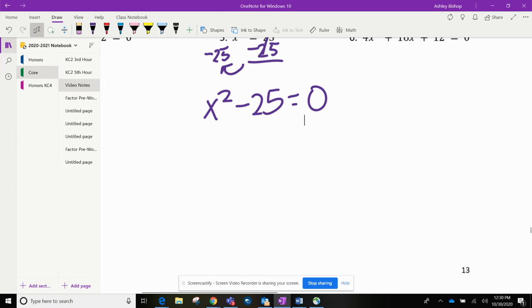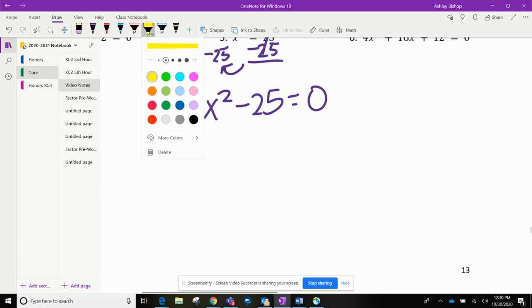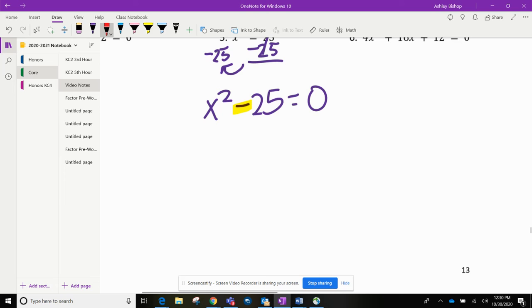Alrighty, now this is a different form of factoring that I also taught you about. I have two terms that are being subtracted. And so in your Target C notes from Target C day 3, you know how to handle this. Once you know that you have two terms, you can take the square root of both things. So the square root of x squared is just x.